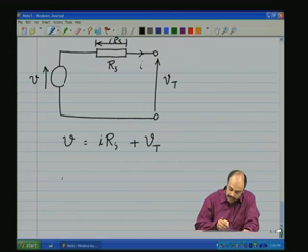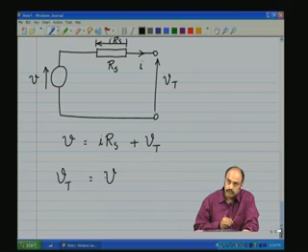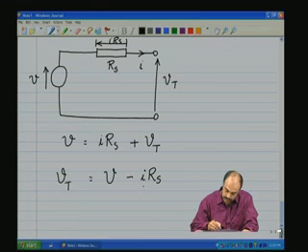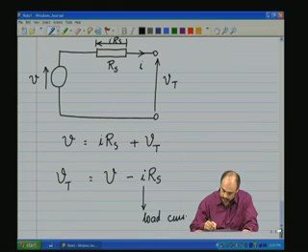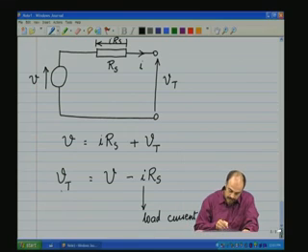So now we need to know what is Vt with respect to the load current. Vt is V, which is the source voltage of the ideal source, minus I into Rs. So this is the load current, and this is the terminal voltage.